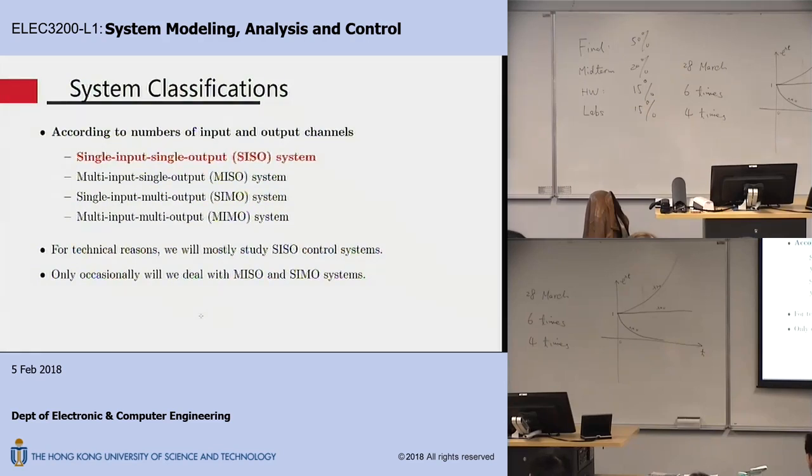If you go to graduate school to study the control of those things, then you'll learn more about MIMO system control. So in this course, I'm going to start from the basics, SISO systems.